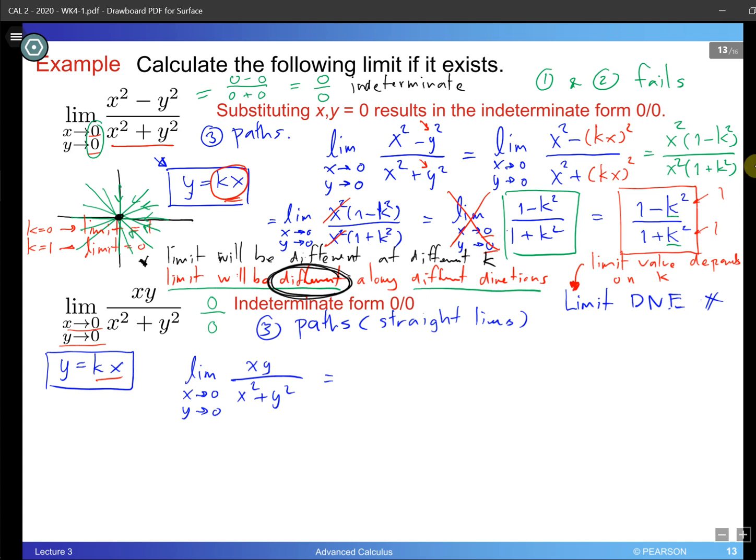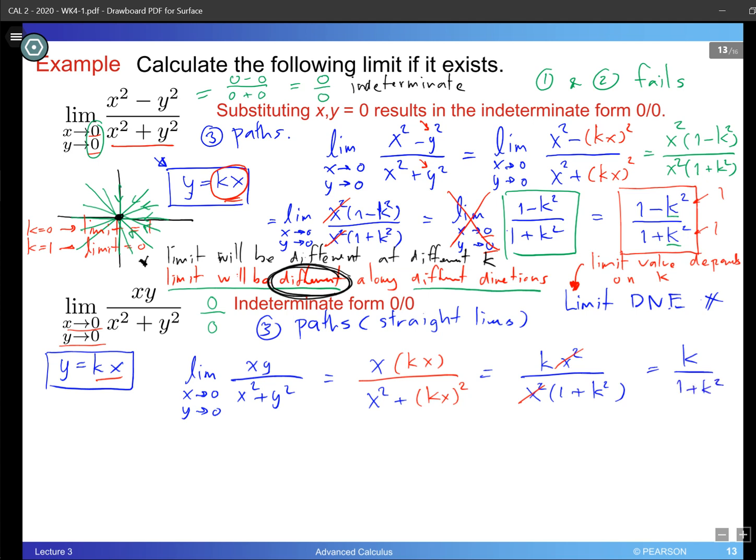The numerator gives us k times x squared. Down here we have x squared plus y squared, with y equal to kx squared, so x squared is a common factor and the remaining term is 1 plus k squared. Of course we can cancel these x squared, and in the end we have k divided by 1 plus k squared.